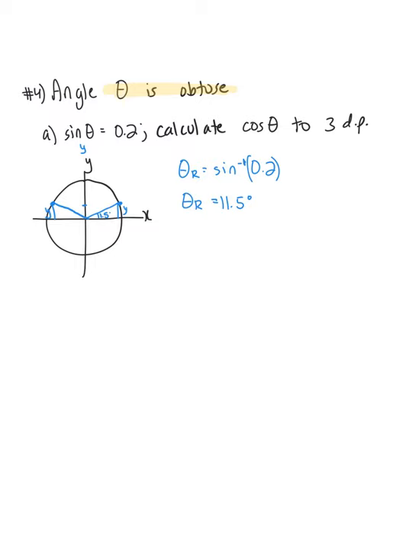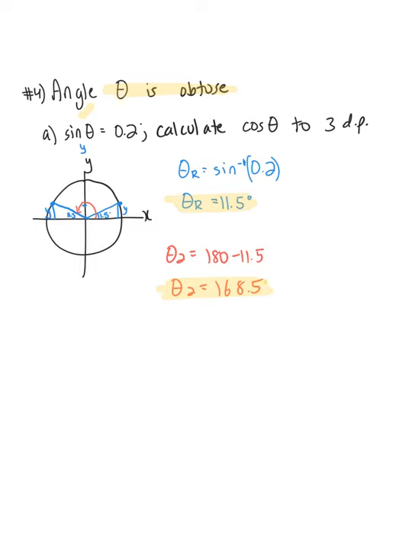So what we're going to do is write 11.5 degrees in the other right angle triangle, and then we need to find the obtuse angle. So to do that, we take 180, subtract 11.5, and then you get 168.5. So that means sine of 11.5 will give you the ratio of 0.2, and sine of 168.5 will also give you the ratio of 0.2.